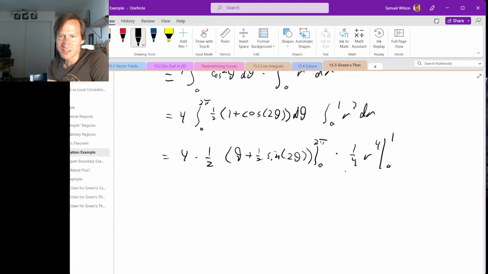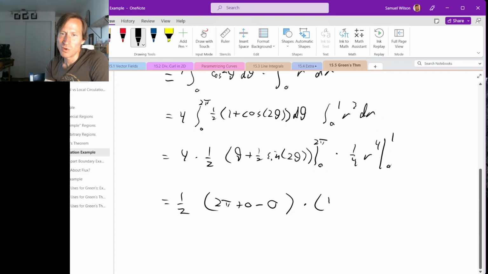Collecting all these constants, it looks like we have a total of 1/2. Okay, and then for our theta integral, we're going to get a 2 pi plus 0 minus, and then when we plug in zeros, we get zeros. Times, and then for our r integral, 1 to the 4th is 1, minus 0 to the 4th is 0. So this whole thing turns into, looks like it's pi.